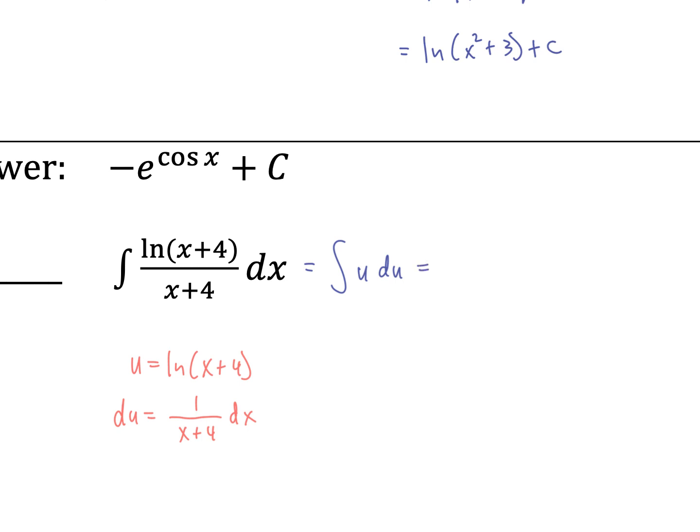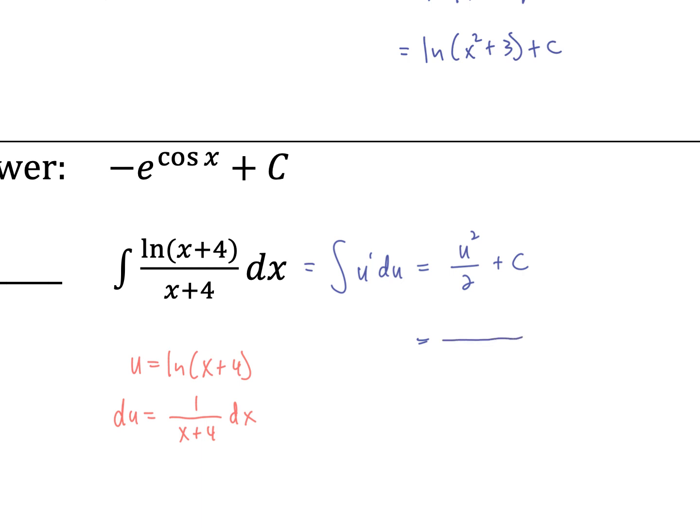Okay, so next step after writing it in terms of u is to actually integrate. Notice that's u to the first, so we'll do the power rule. Add 1 to the exponent, divide by the new exponent. Okay, then we'll substitute back for u.